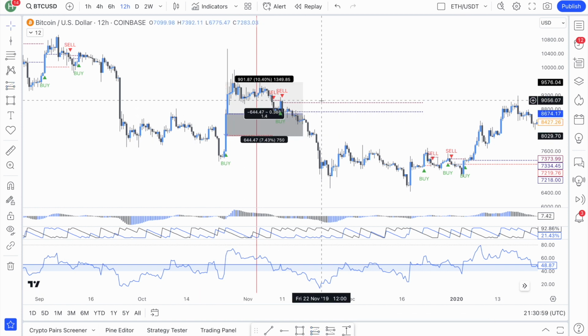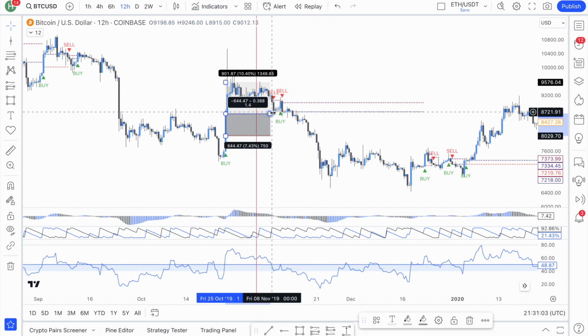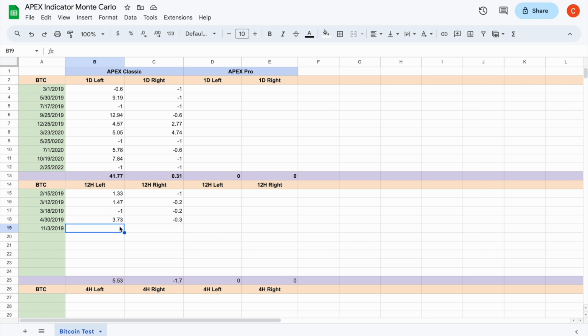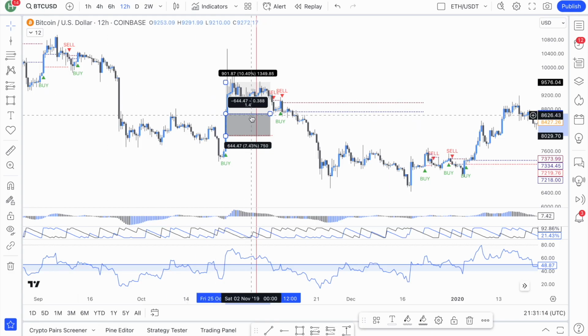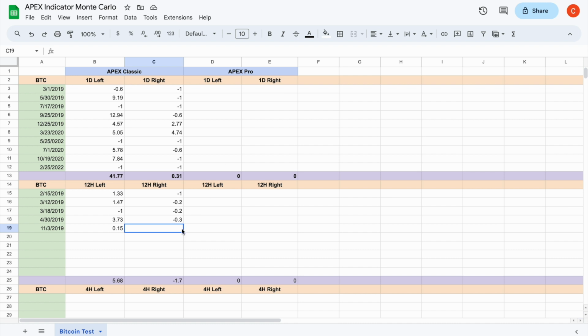There's your stop on that one. We would have been stopped out, but short, just shy in profits. So I would say like 0.15, I guess. And then on the opposite side, it looks like we would have got stopped out. So -1.